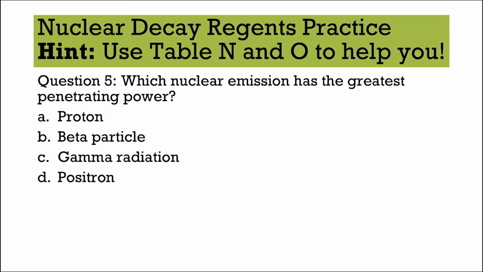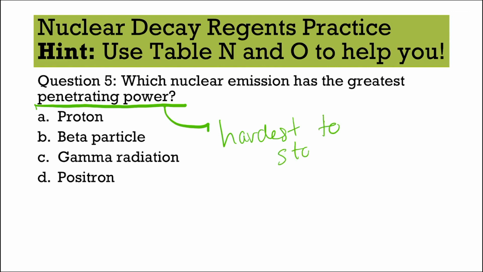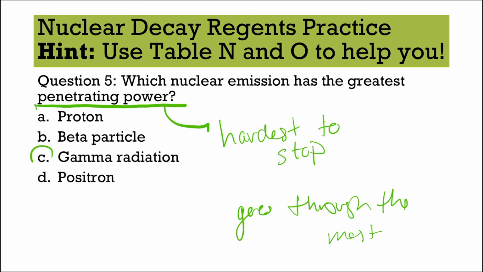Which nuclear emission has the greatest penetrating power? And we spoke about this, and you can use table N or O. You also have the notes to help you to answer this one as well. Okay. And what is our answer? That would be gamma radiation. That's right.